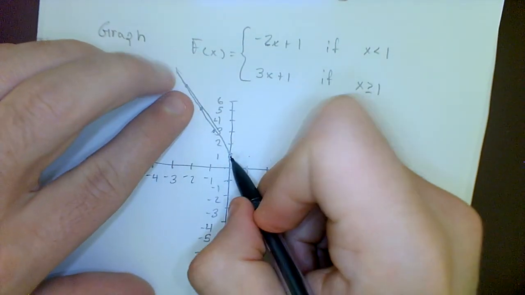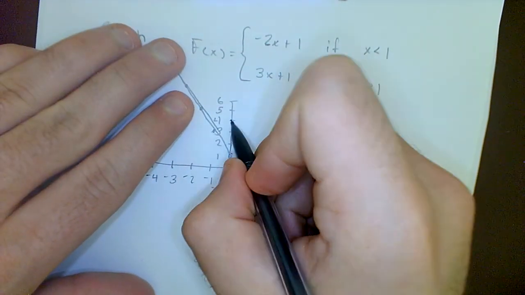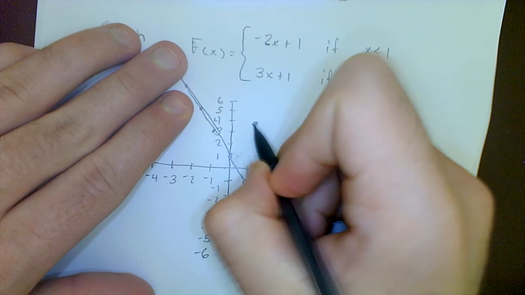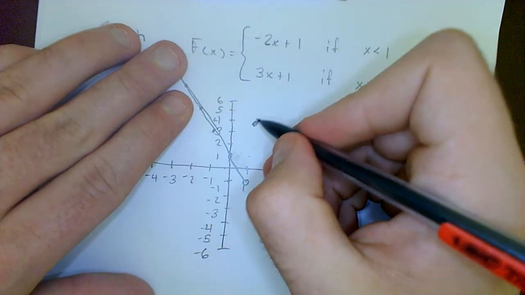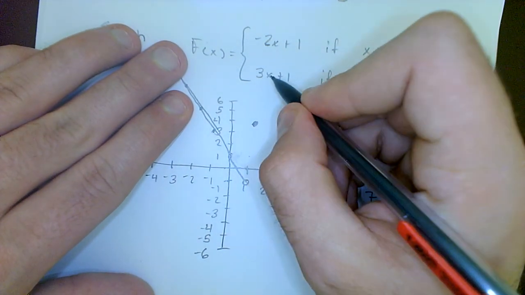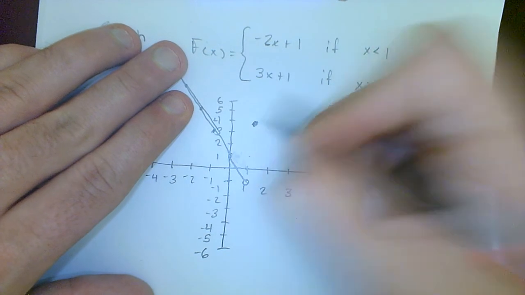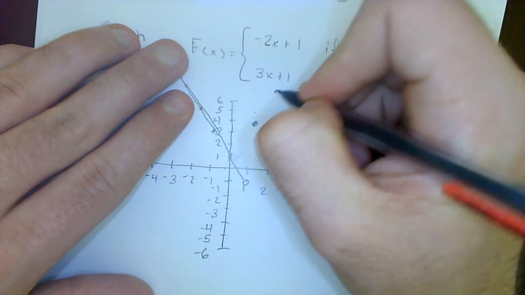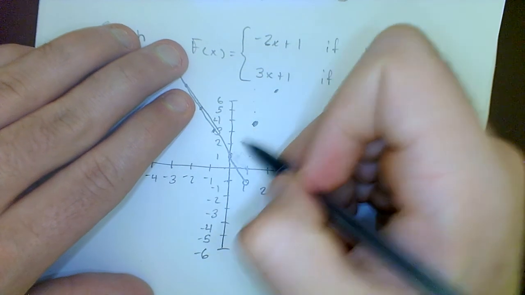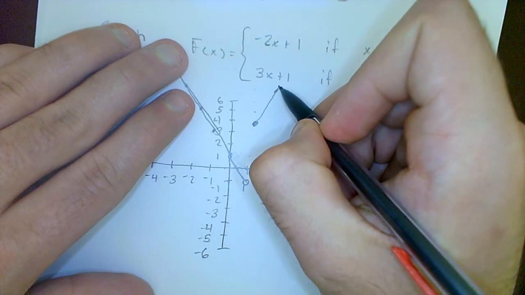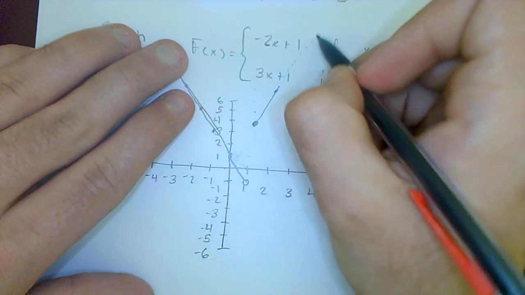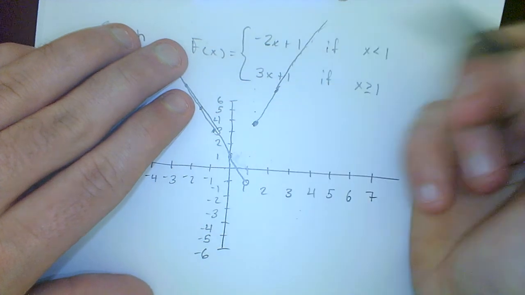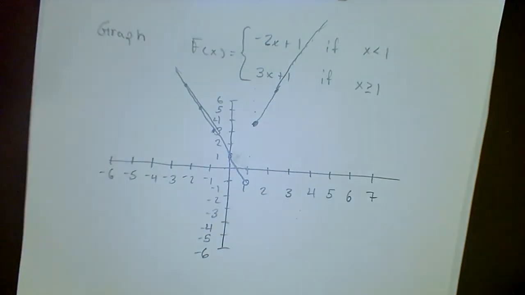If we start here and go up 3 over 1, this point is going to be on our graph, because that's when x is equal to 1. If I plug in 1 here, it's 3 times 1 plus 1 is 4, so the point is 1, 4. Then you go up 3 over 1. Oh, this is tough. Okay, so kind of draw that. So that would be your piecewise graph, even though it's a bad picture. Okay?